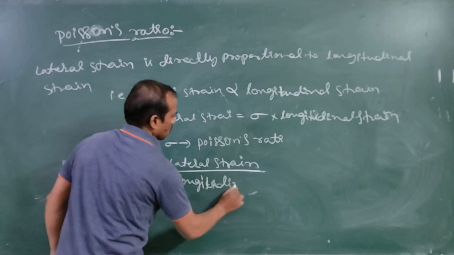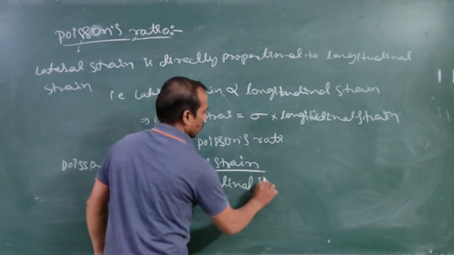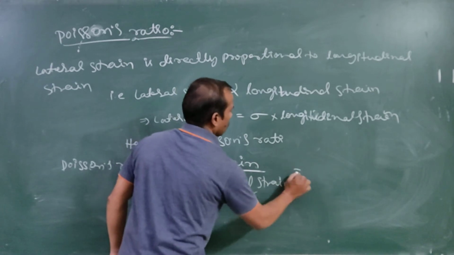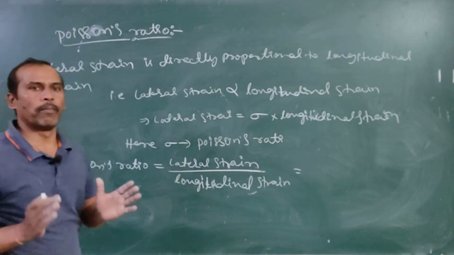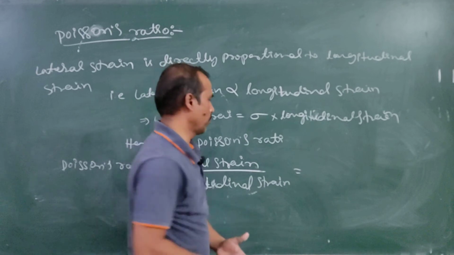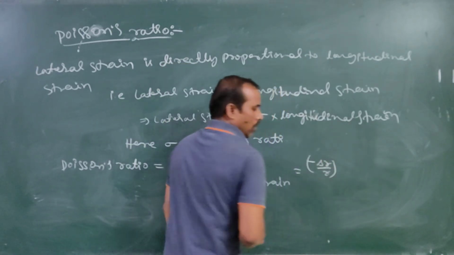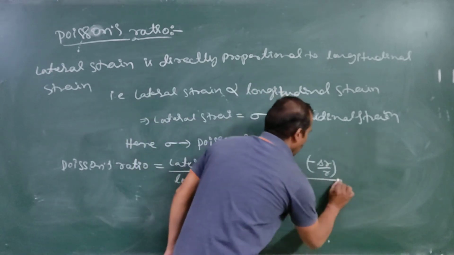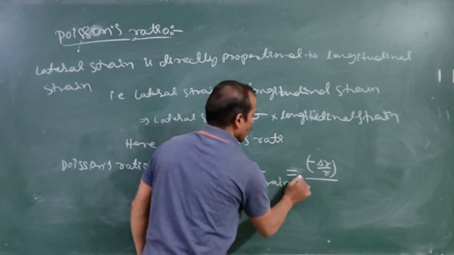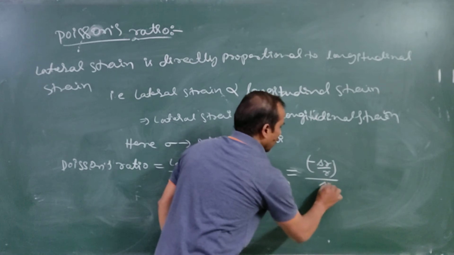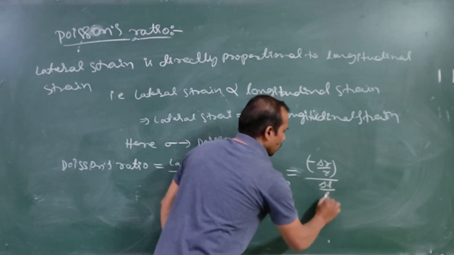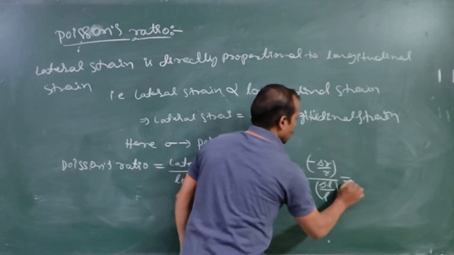That is equal to the lateral strain, minus delta R by R, divided by the longitudinal strain, delta L by L, the change in length by the original length. This is the Poisson ratio.